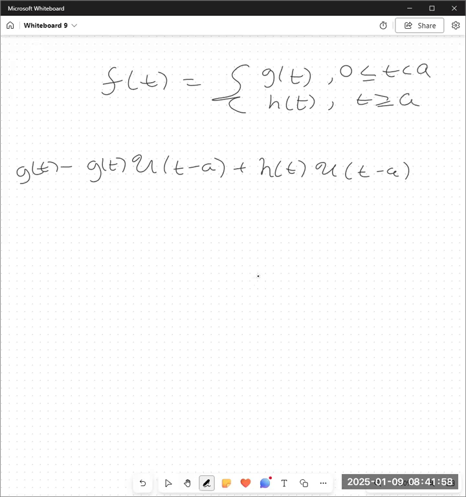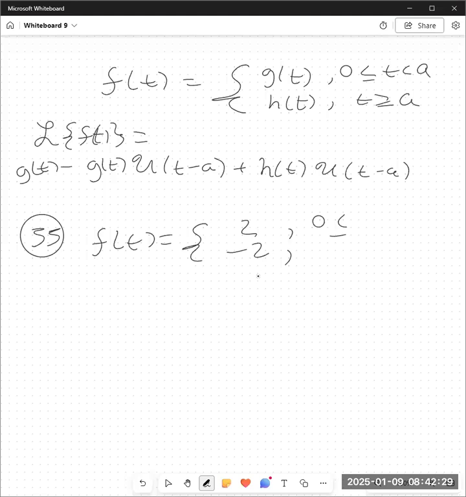So if f of t is this, then the Laplace transform of f of t is equal to, and you can define it with the unit step function like that. So let's go ahead and do that with number 55. So my f of t is equal to, as I said before, this is 2 and -2, 0 less than or equal to t less than 3, t greater than or equal to 3.